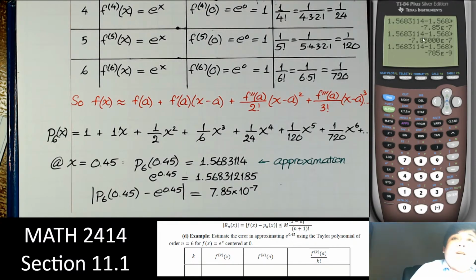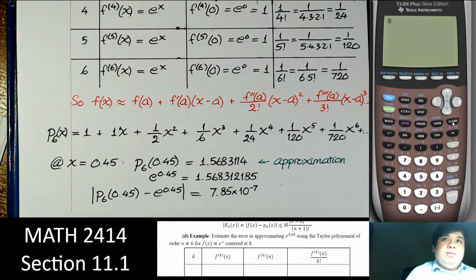Usually scientific notation is this, but engineering gives us the multiples of 3, I think, like -9, -3, -6, or 3, 6, 9, and so on. Let's see. Yeah, so it just gives us the multiple of 3. I'll get back to normal.